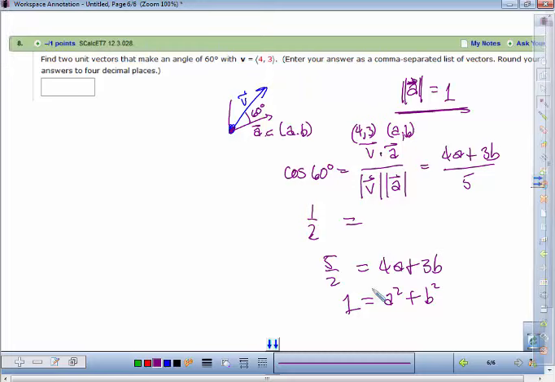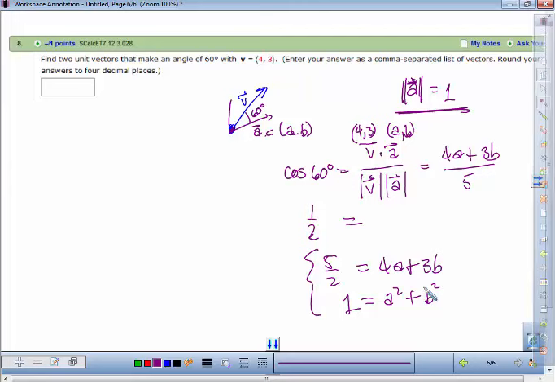If that's equal to 1, then A squared plus B squared is equal to 1. And so now you have 2 equations and 2 unknowns, and you can solve for this any way you want. You can use matrices. Actually, you can't because these are squared, so we're kind of in a jam here.